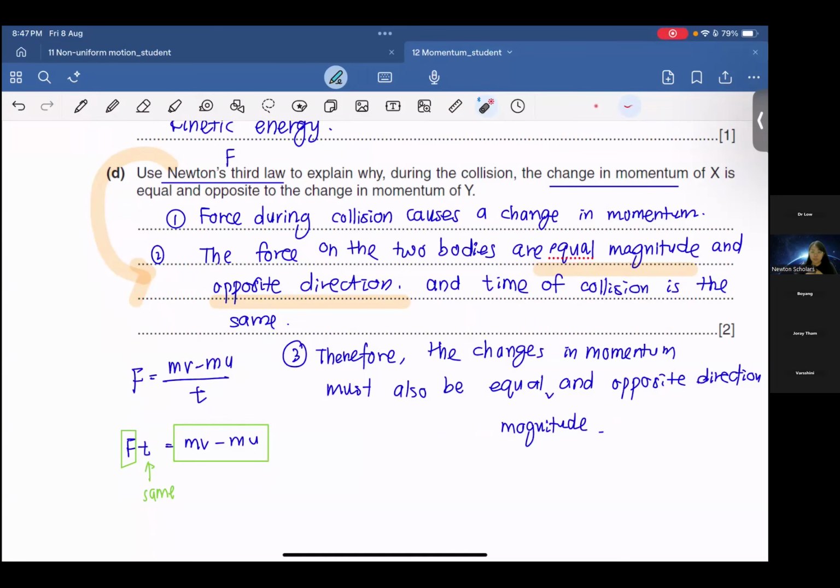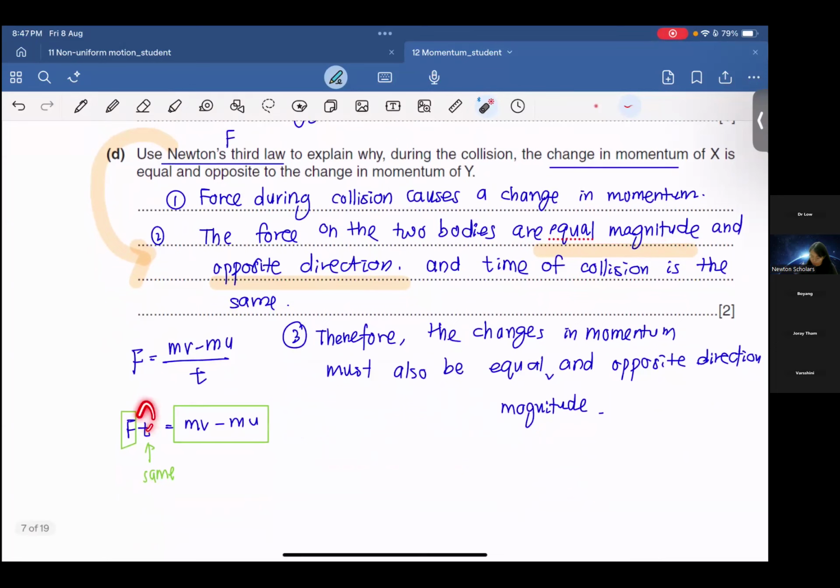Okay, so the time is the same. The time doesn't change because two objects contact, so of course they're having the same contact time. So when your force here is same magnitude, that means the change in momentum is also the same, but opposite direction. So this is the answer.